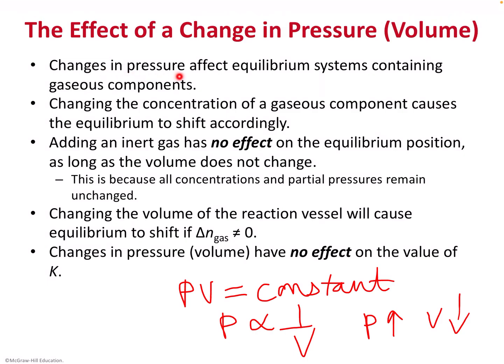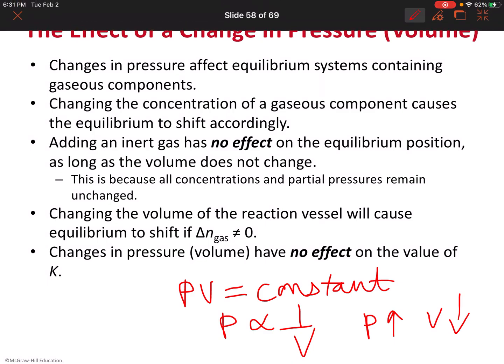Changes in pressure affect equilibrium systems containing gaseous components. So this is mainly for the gases. Change in the concentration of a gaseous component causes the equilibrium to shift accordingly. Adding an inert gas: now remember that adding an inert gas has no effect on the equilibrium position, as long as the volume does not change.